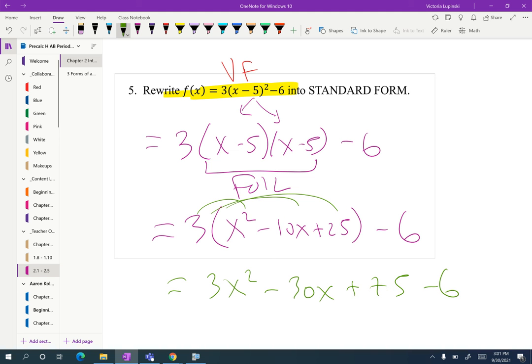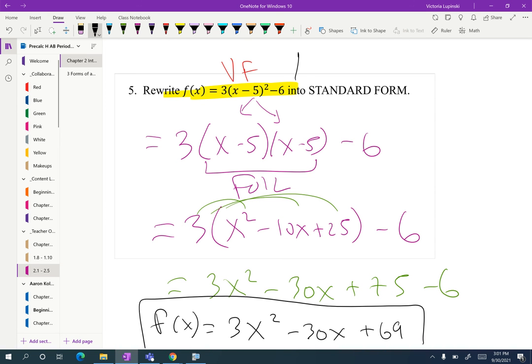Don't forget about the minus 6. In your final answer, go ahead and put the largest degree first, the linear in the middle, and then 75 minus 6 is 69. And again, this was a problem from earlier in the lesson where we calculated the y-intercept of being 0.69, which we can now clearly see from our standard form.